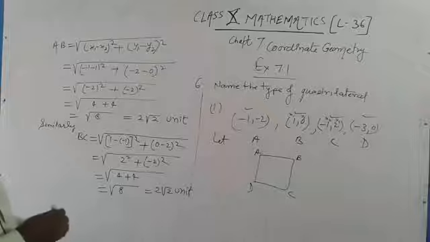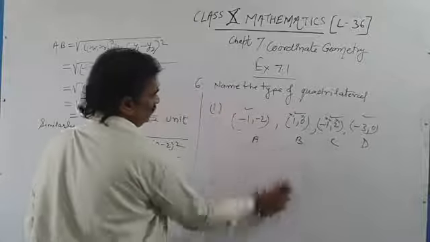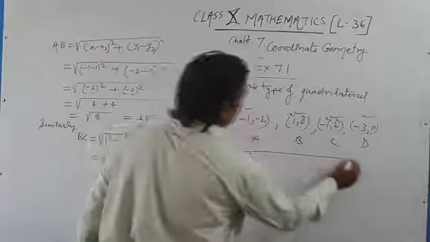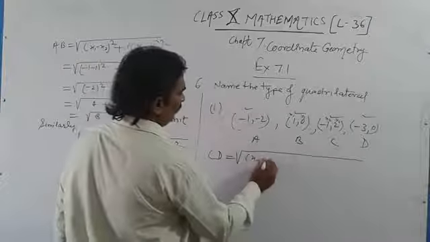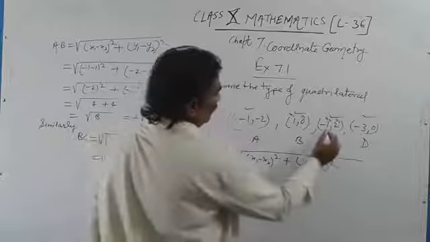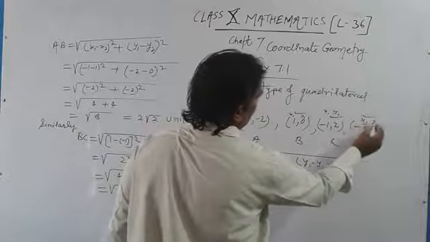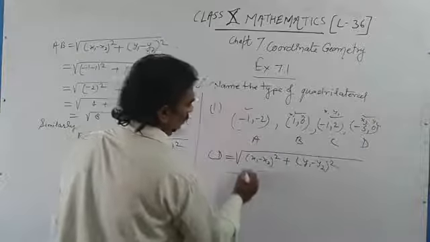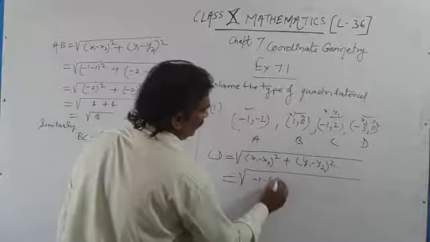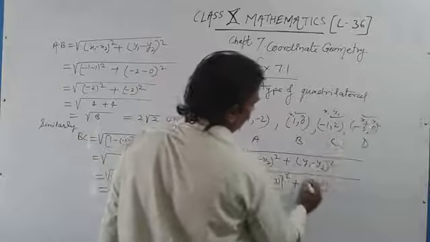Okay students, now similarly we will find CD. Now CD, using the same formula, (x1 minus x2) whole square plus (y1 minus y2) whole square. For CD, x1, y1 and this x2, y2. So minus 1 is x1 and x2 is minus 3, plus y1 is 2 and y2 is 0.